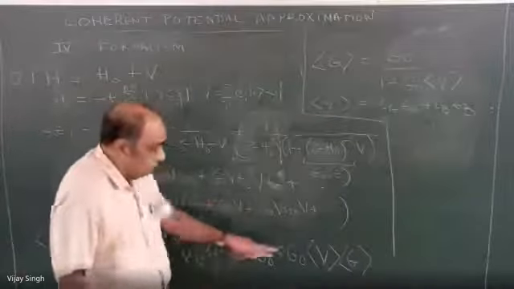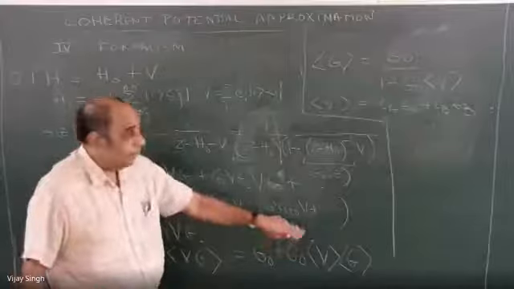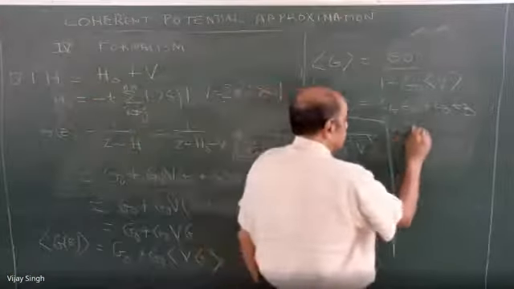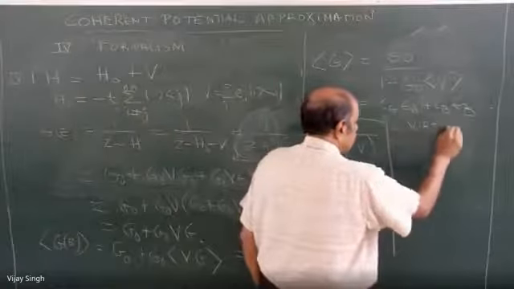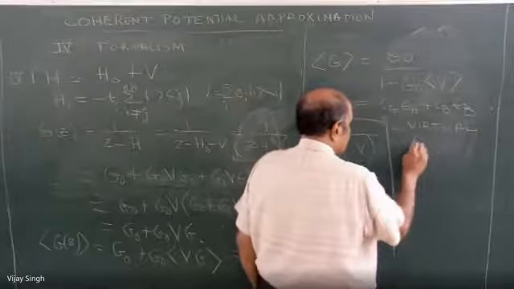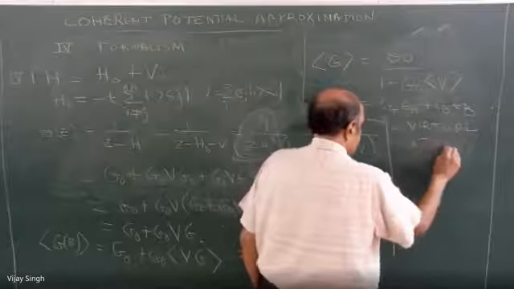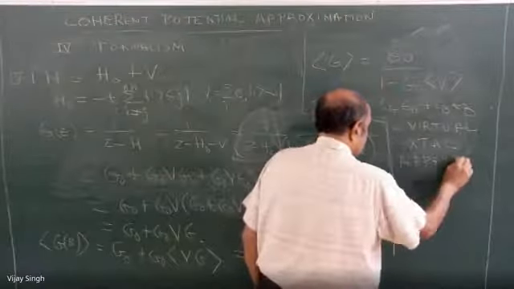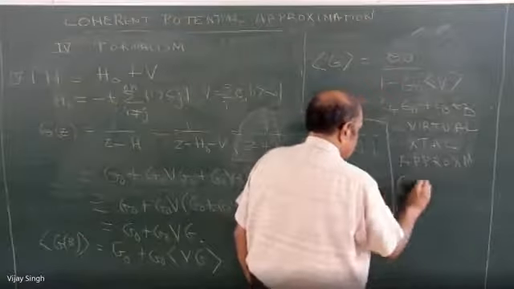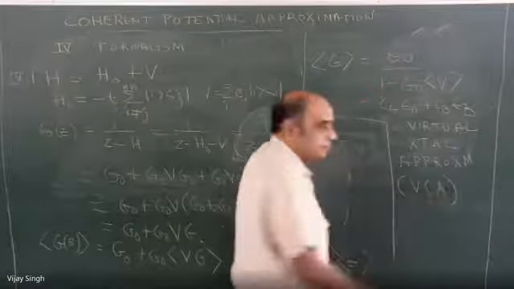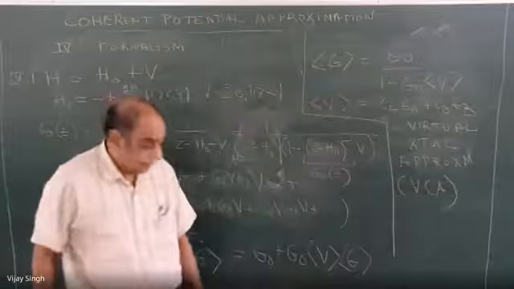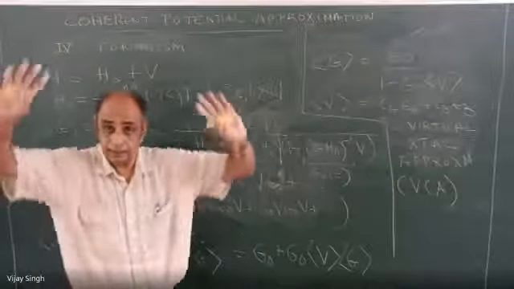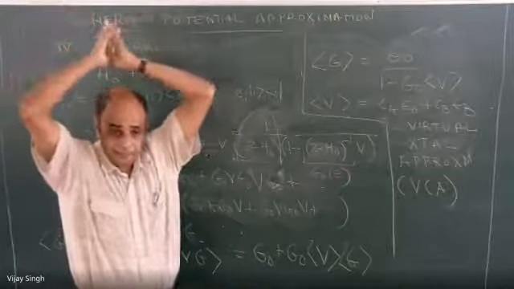If I'm allowed to do this, then I'm fine. I'll get the VCA. I'll get the virtual crystal approximation. I can do better than this. That clear? I can do better than this.